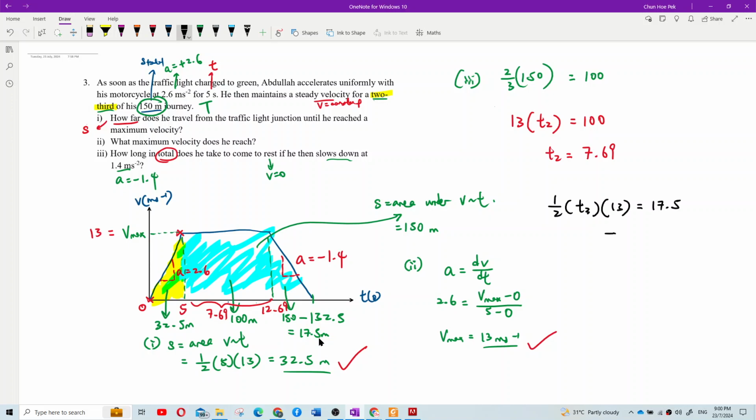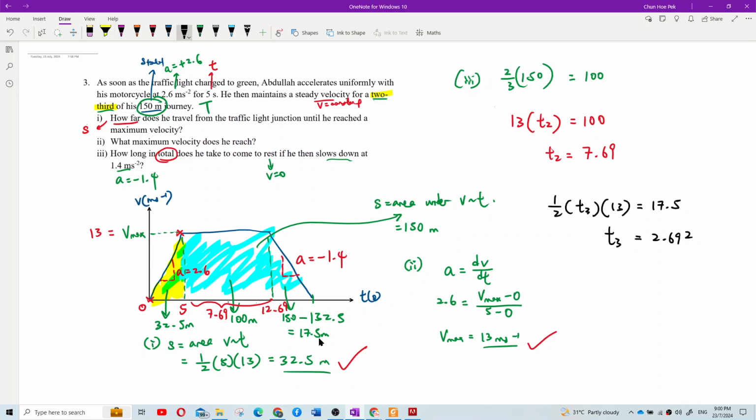So T3 is 17.5 divided by 13 times 2. So the time taken is 2.692, so 2.69.